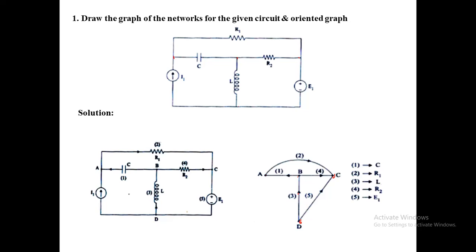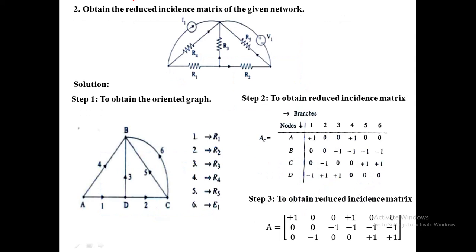And then we mark the direction of each branch. This direction represents the current flow direction. This is the oriented graph. We got the answer. Next problem.